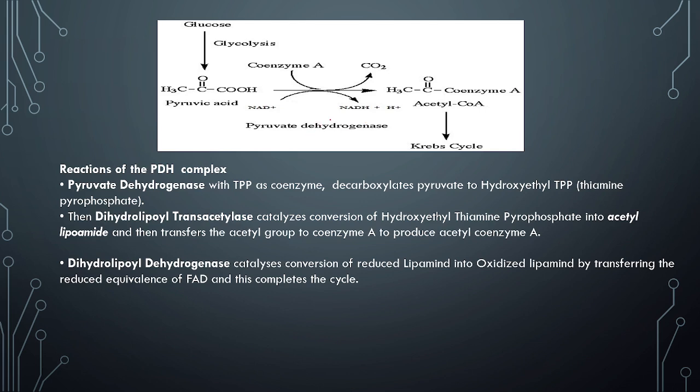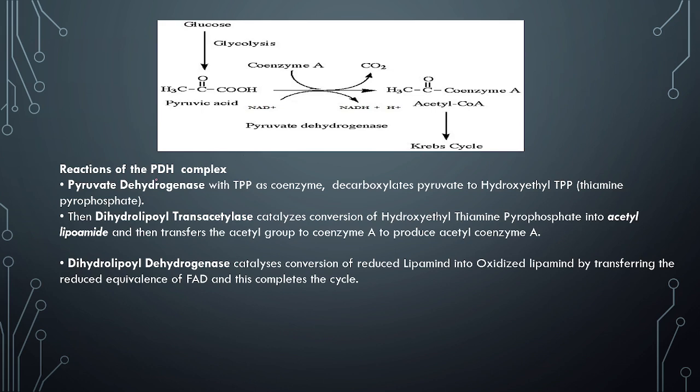It forms acetic acid, and this acetic acid is added to the coenzyme A, which is B5 pantothenic acid, and forms acetyl coenzyme A, and this acetyl coenzyme A enters the Krebs cycle. What are the exact reactions of these three enzymes we will discuss here.